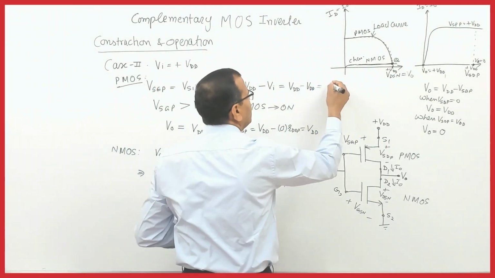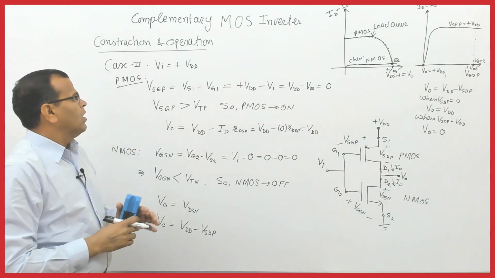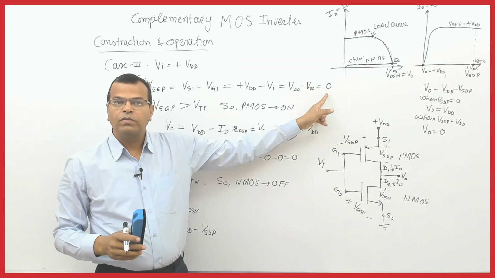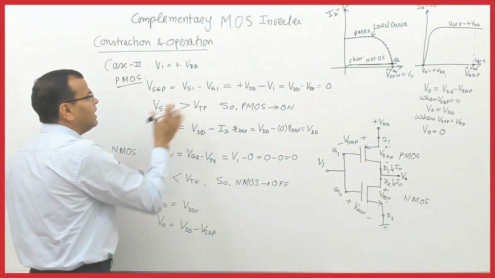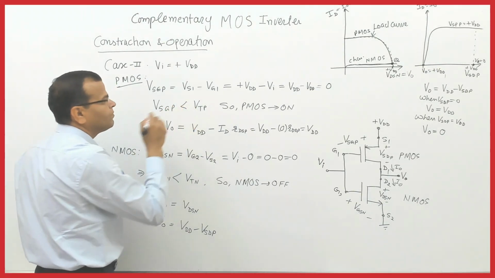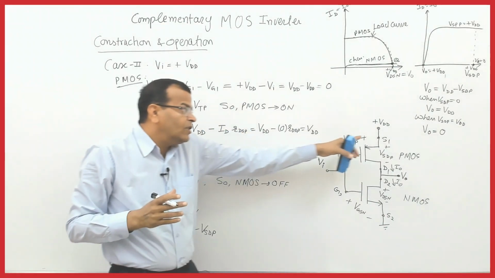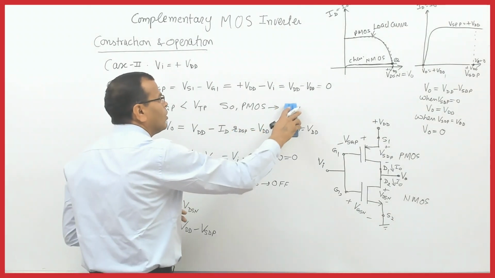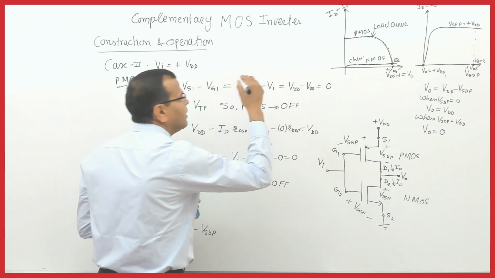This will be 0. Fine. Now, since VSGP is 0, this voltage is definitely less than the threshold voltage. And if this voltage is less than the threshold voltage, that means PMOS must be off. It must be off.